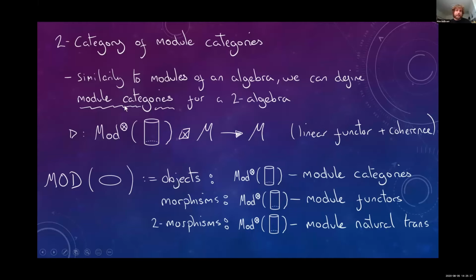We can collect these module categories into a 2-category whose objects are module categories, whose morphisms are module functors, which are just functors between these categories satisfying some relationships ensuring consistency with respect to this action, and whose 2-morphisms are natural transformations, again compatible with this action and some other data.